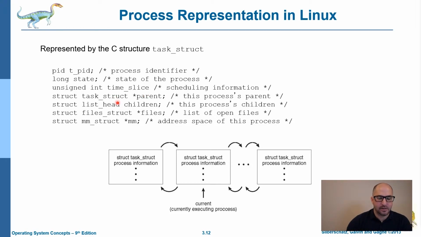Then there will be a list of children, and those are the processes that this process requested be executed, along with a list of open files and the memory space of the process. That's the memory allocated to the process. And importantly, it must have a process ID and the state. And so this corresponds to that process control block that you saw several slides ago.